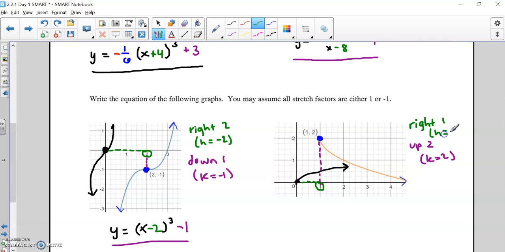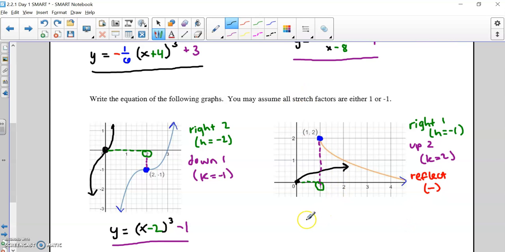This gave us an h of -1, right, because h is always opposite. So if we're right, we're negative. And we also have to notice that it actually flipped. So that's going to give us a negative sign in our equation.